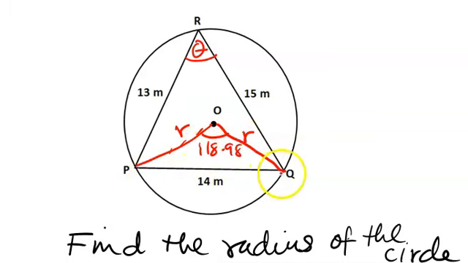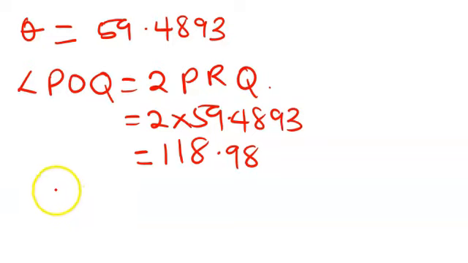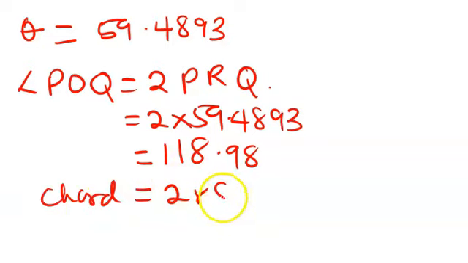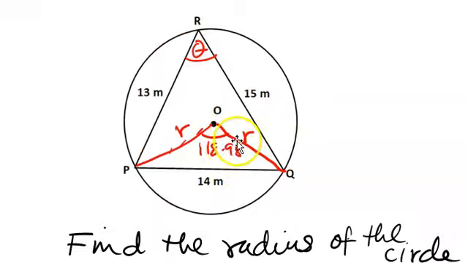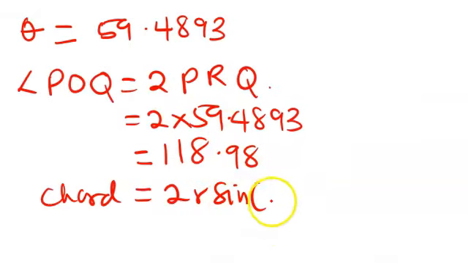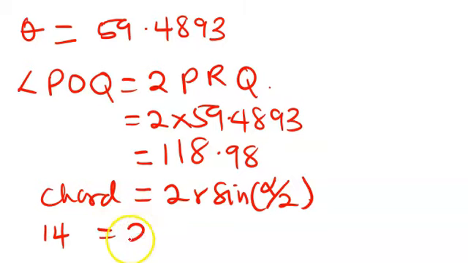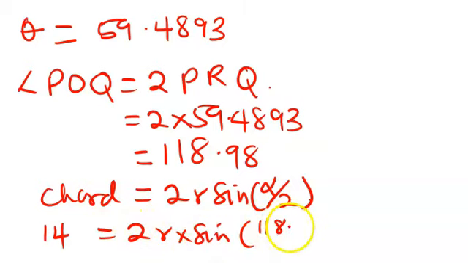Okay, so this angle is 118.98. This is a chord, and this is a radius, this is a radius, and there is a formula for finding a chord. Chord is 2r sine alpha over 2, assuming that this angle is alpha. We know the chord to be 14, which is equal to 2r times sine of 118.98 divided by 2.